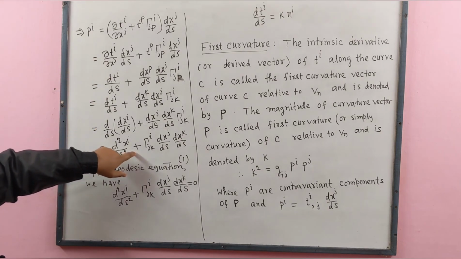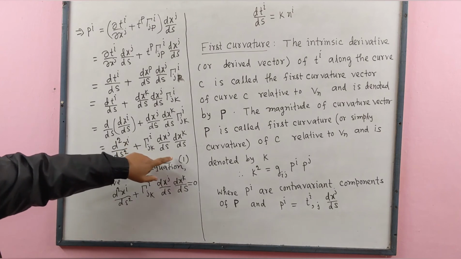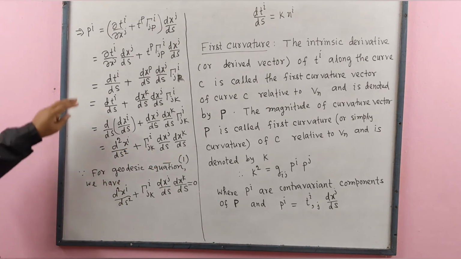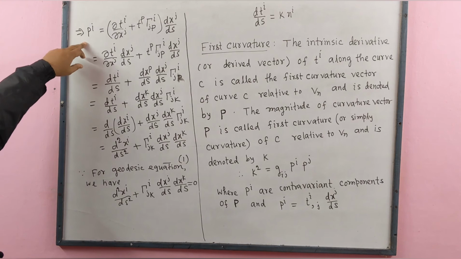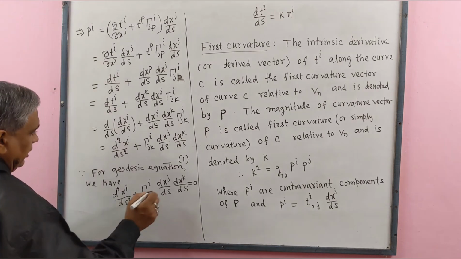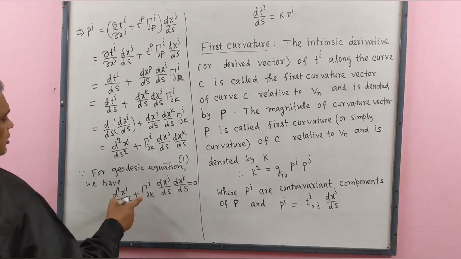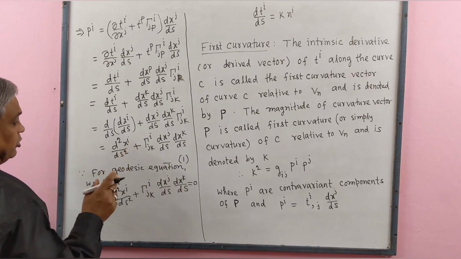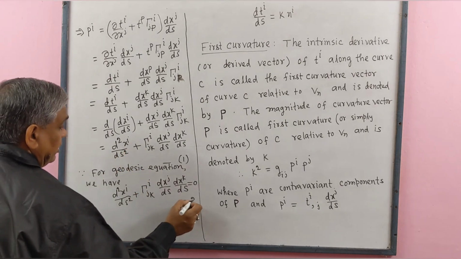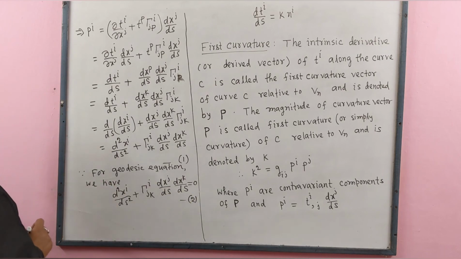This number 1 is the expression for the first curvature, and if the curve is geodesic, then we get equation 2.